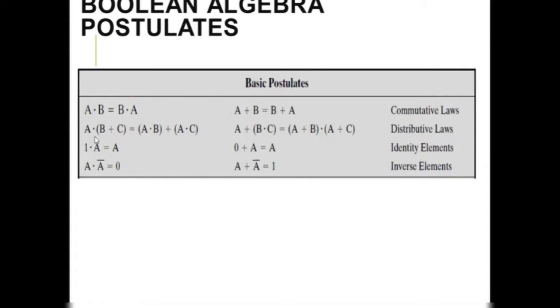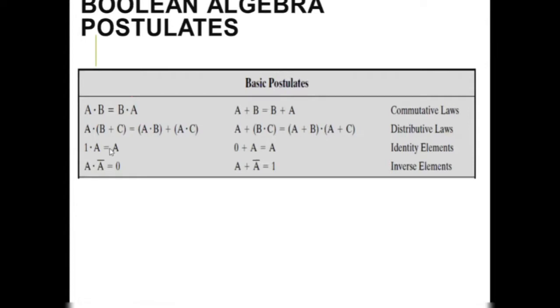And the distributive laws, it means you can write this in expanded way also. So A and (B or C) is equal to (A and B) or (A and C). So the other side is also true. If you get the OR instead of AND here, it also can be expanded, distributed like this.